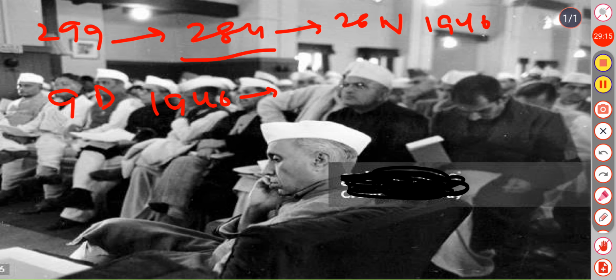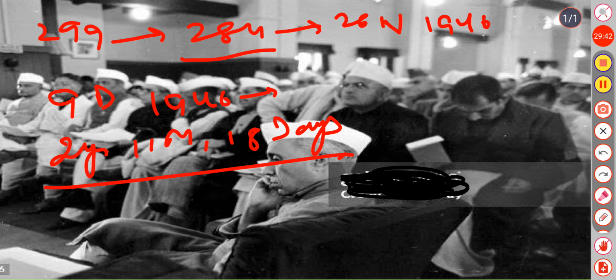And it reassembled on August 14, 1947 as the sovereign Constituent Assembly for the Dominion of India. So it took 2 years, 11 months and 18 days. So this was important.